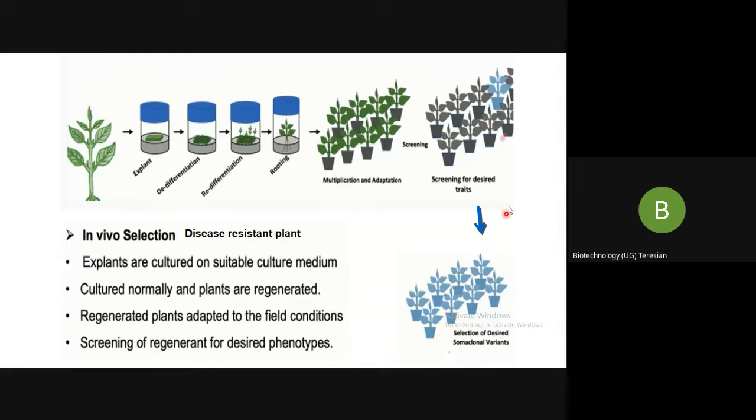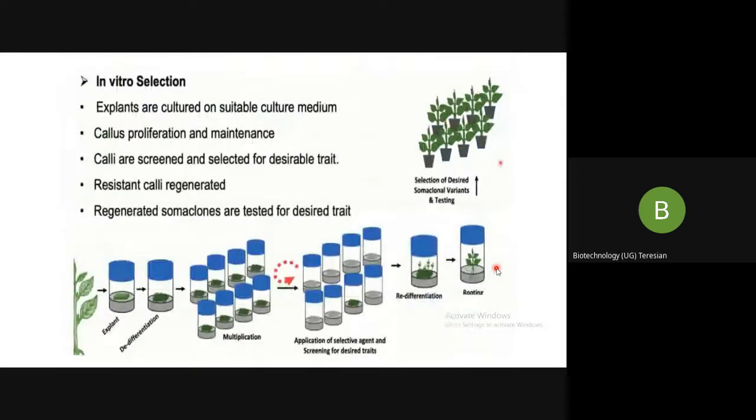After that, grow that plant, again screen for the resistance. Look at here what you're doing. Are you taking this callus and developing it into shoot and root, multiplying that plant and again testing for the plant whether they're having disease or not?